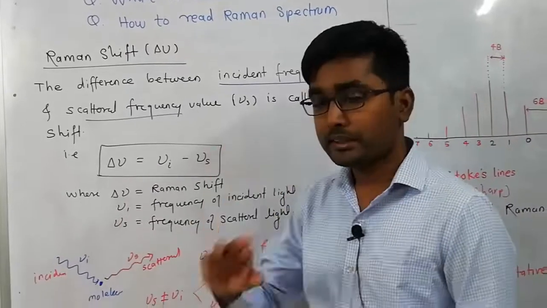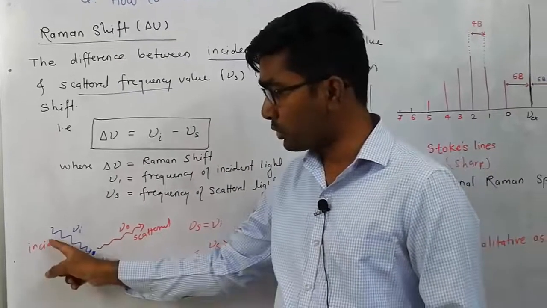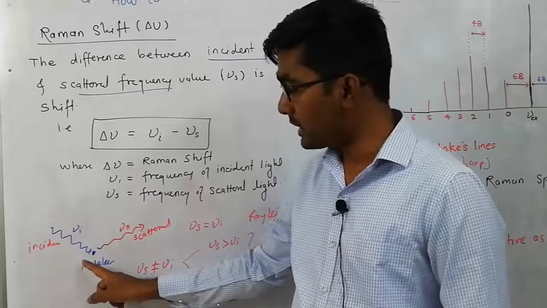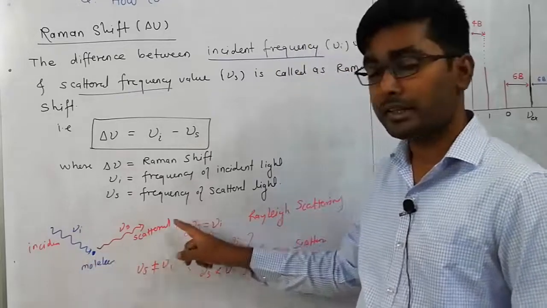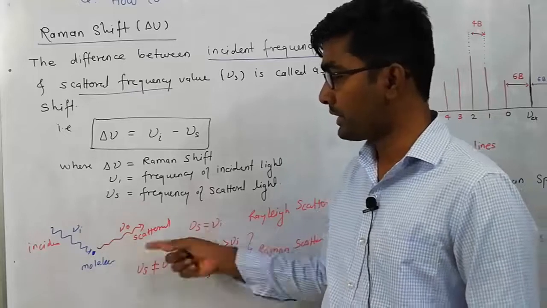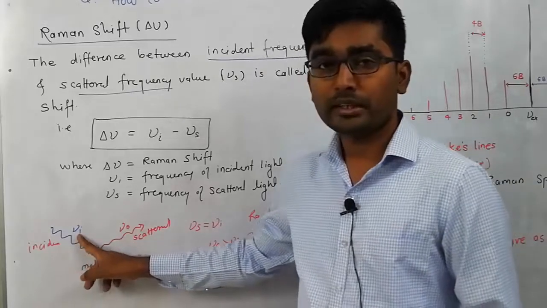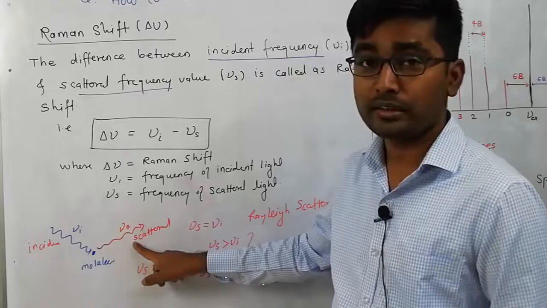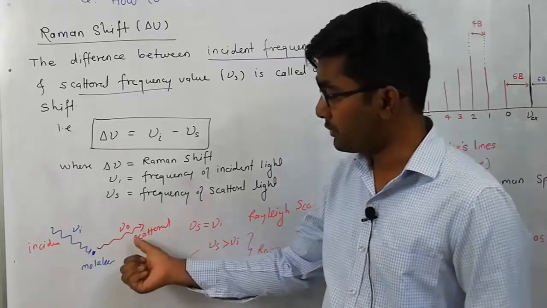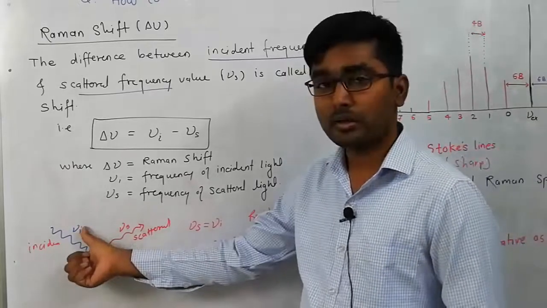In the previous lecture we have seen that whenever monochromatic light interacts with a tiny molecule, the molecule scatters the light. This is the frequency of incident light and this is the frequency of the scattered light. The difference between mu s and mu I is called the Raman shift.